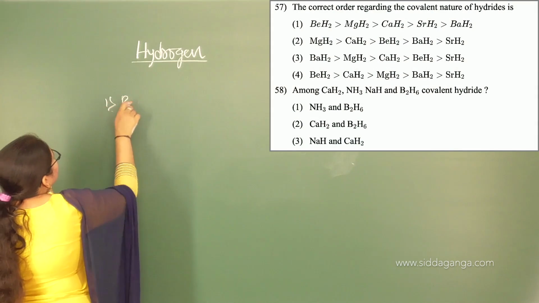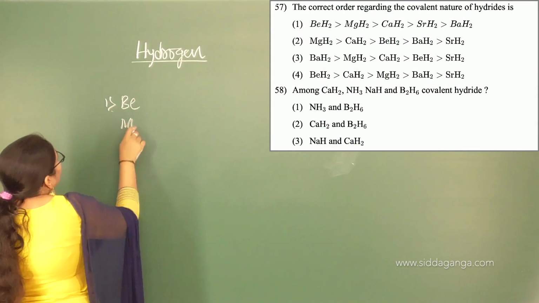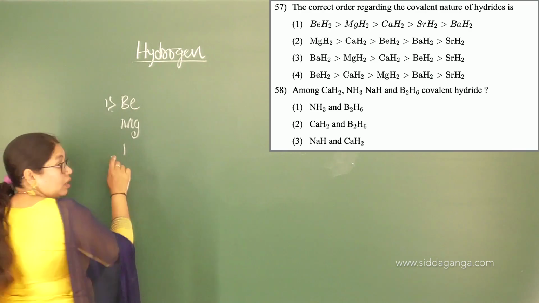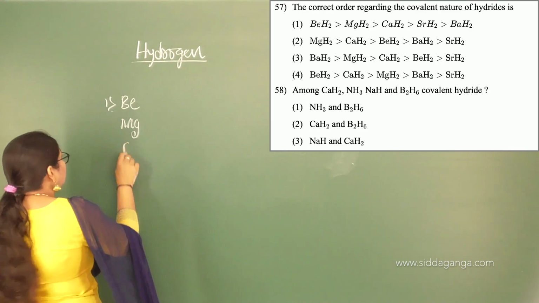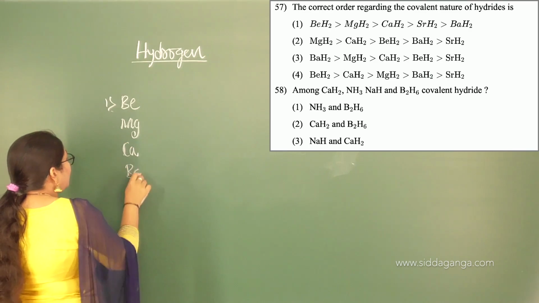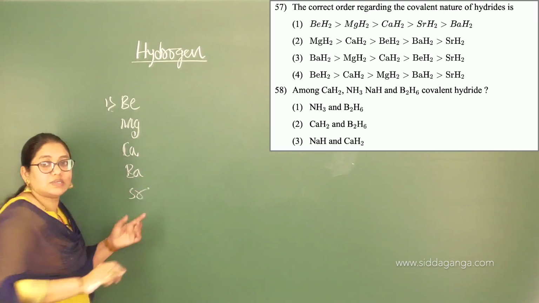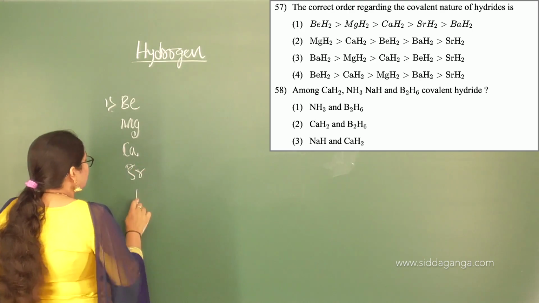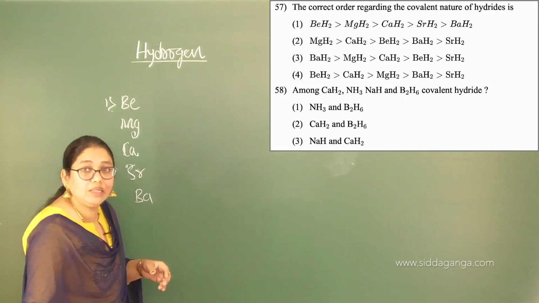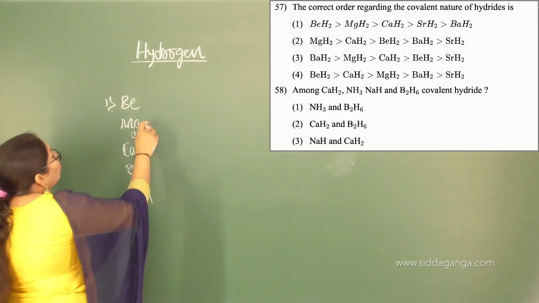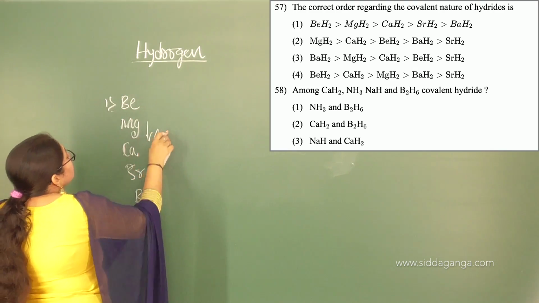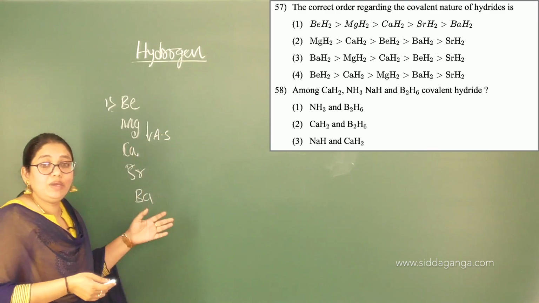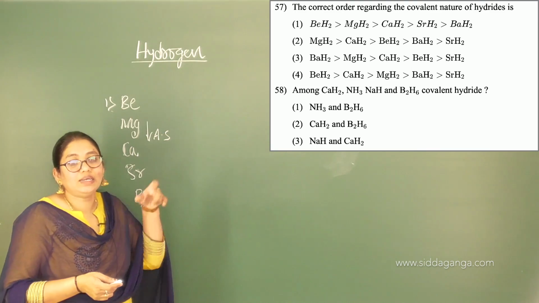Beryllium, then magnesium, then calcium, then strontium, and the last one is barium. Down the group, the atomic size increases, and as the atomic size increases, covalent nature decreases.